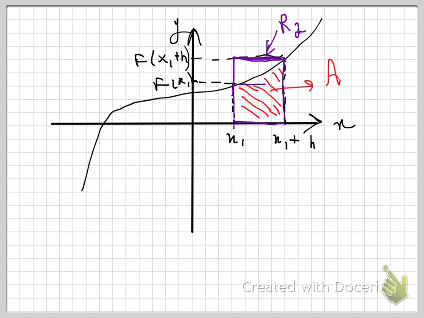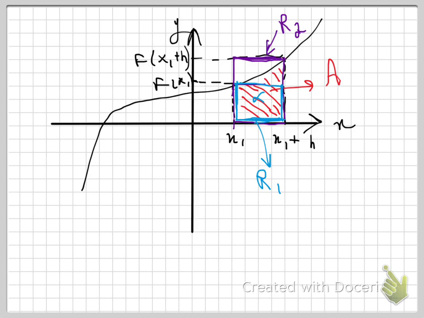Let's choose another color, for example blue, and this rectangle, R1. So the small rectangle in blue is R1, and the bigger rectangle in purple is R2. Of course, it's obvious here that our area A is bounded between R1 and R2.